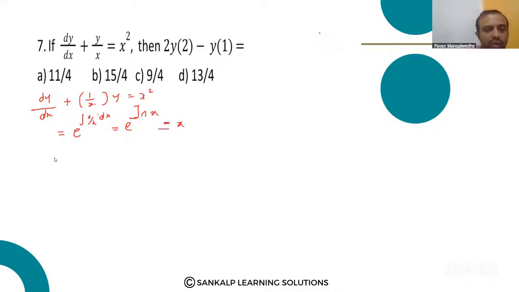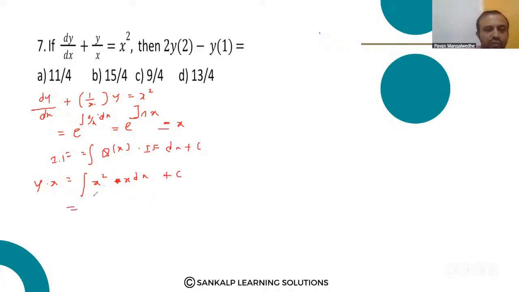Now the solution is y into x equals the integration of q of x into the integrating factor dx plus c. So it can be written as y into x equals the integration of x square into x dx plus c.